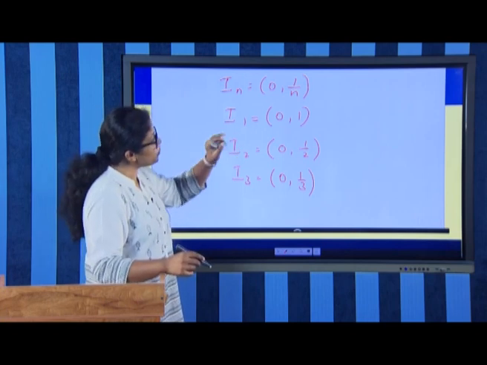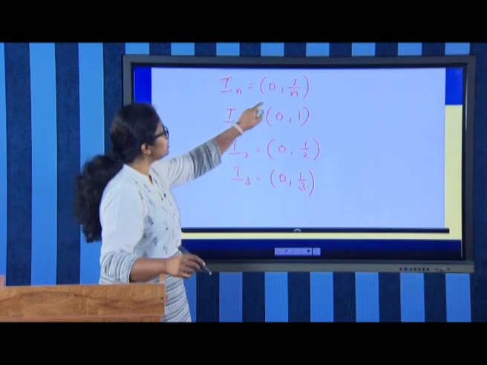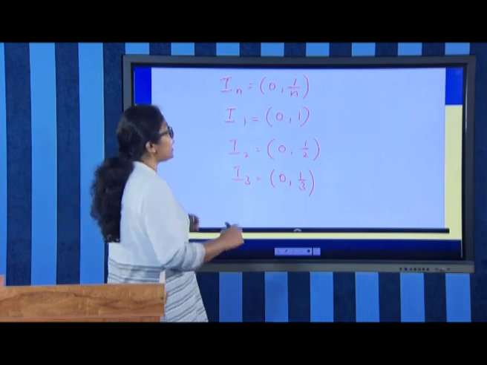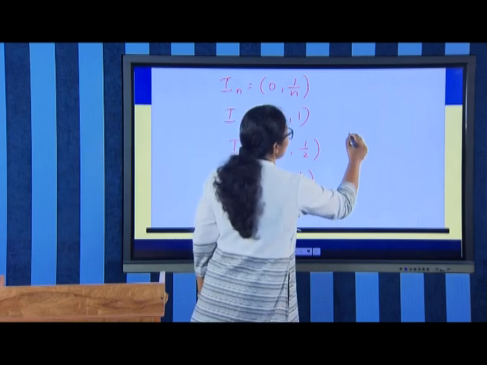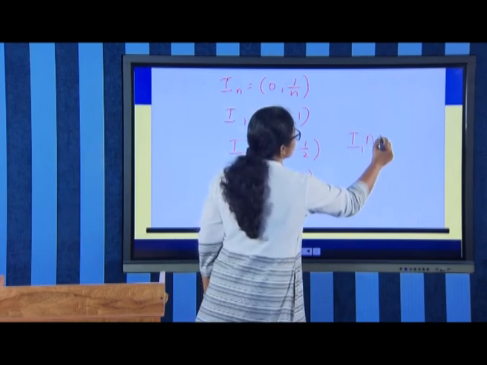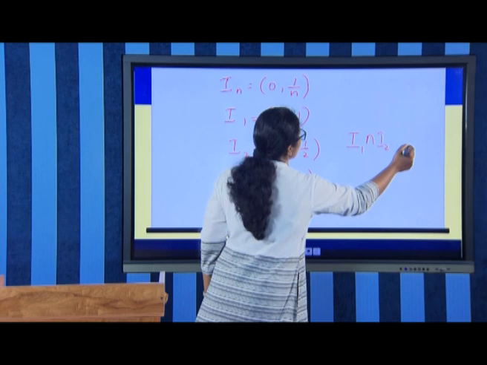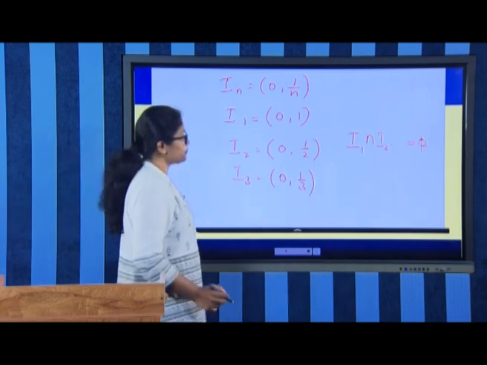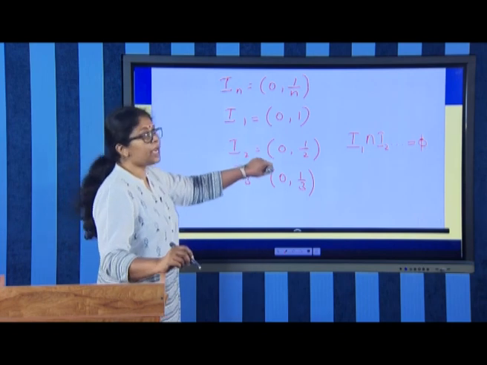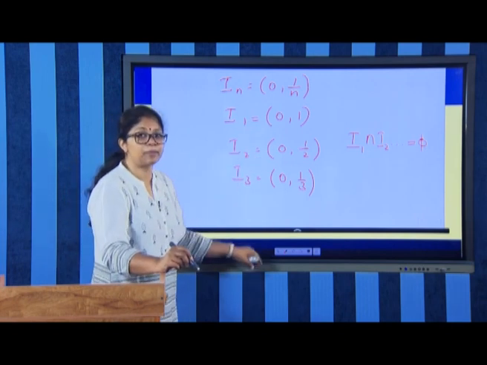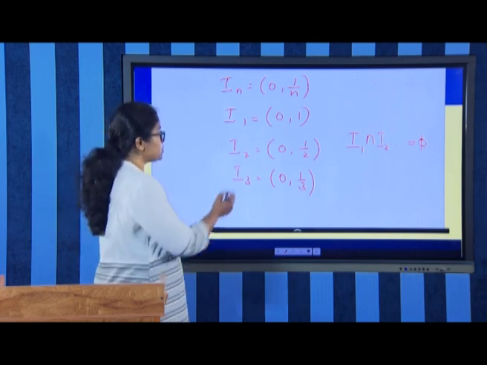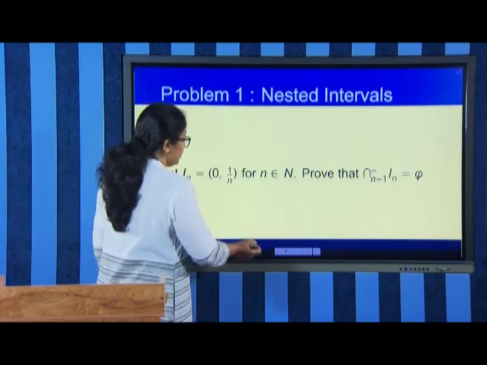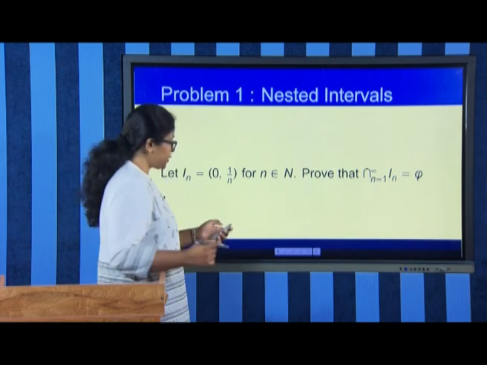As n approaches infinity, this end is going to be 0 as well, and we have nothing in common. I_1 intersection I_2 and so on will be equal to the empty set, because we cannot have anything in common if we intersect up to infinity, since 0 is not included. So, that is the proof of this result.